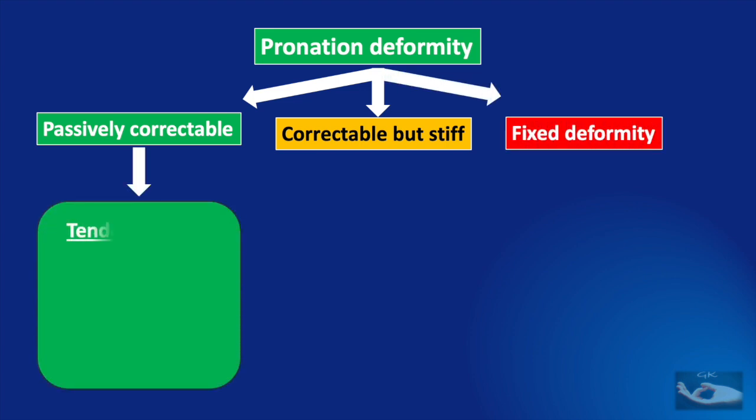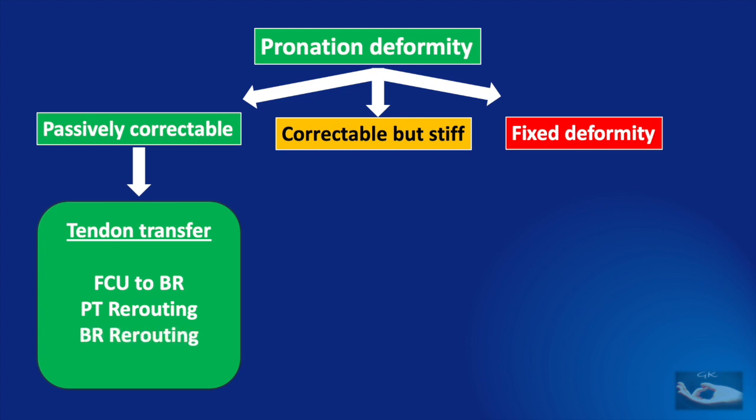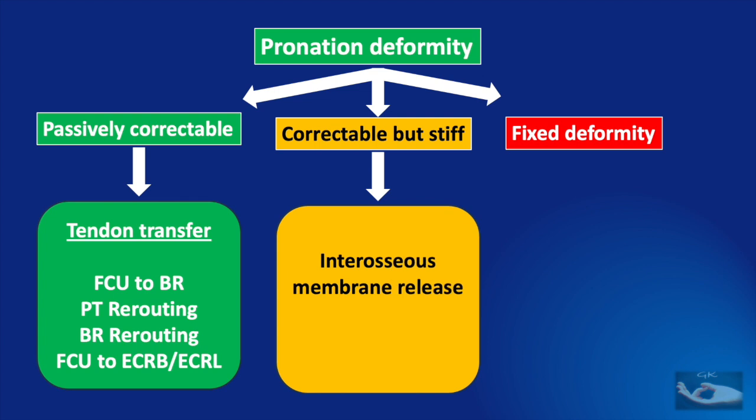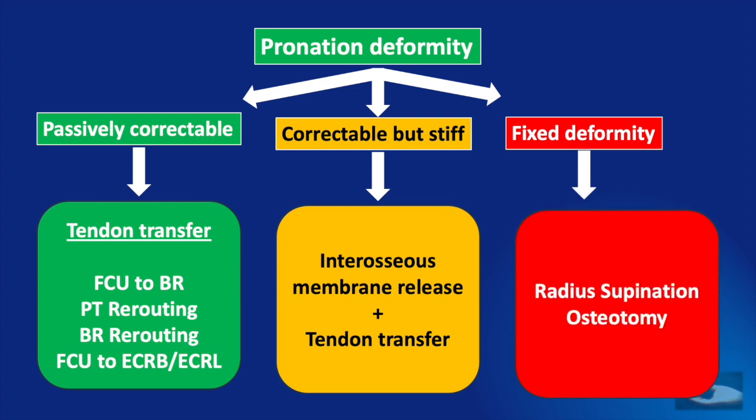If it is passively correctable, a tendon transfer procedure like flexor carpi ulnaris to the brachioradialis or pronator teres rerouting, brachioradialis rerouting, or even a flexor carpi ulnaris to extensor carpi radialis brevis can be done. If the pronation deformity is correctable but a little stiff, interosseous membrane release followed by tendon transfer is ideal. If it is a fixed deformity, radius supination osteotomy should be done.